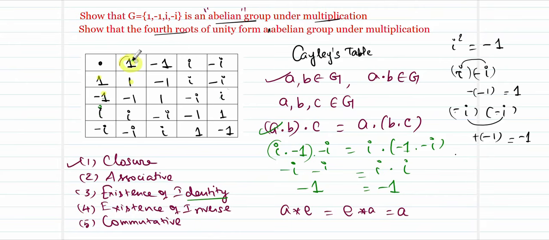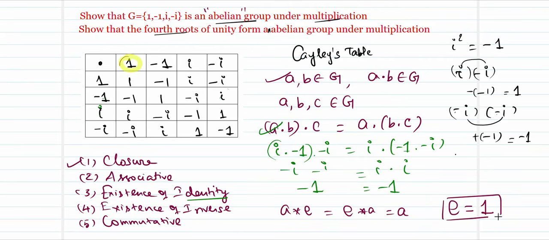So this element 1 forms the reflection of any element taken and gives back the same element. So we conclude that the element 1 acts as the identity element. So the identity element is E, which is taken as 1.